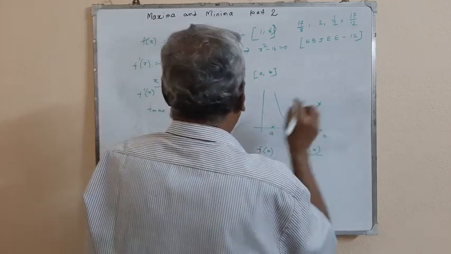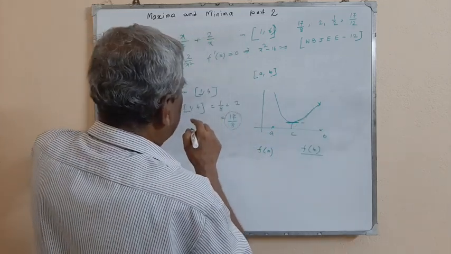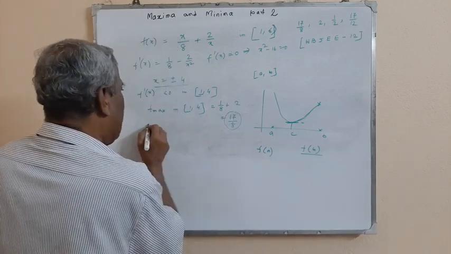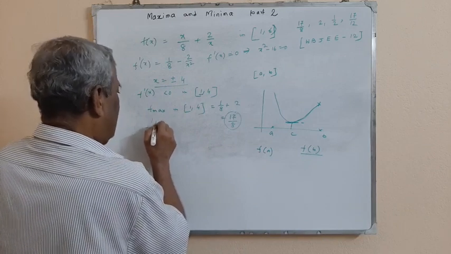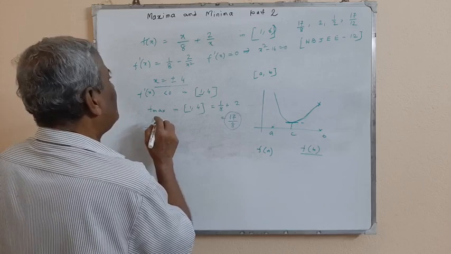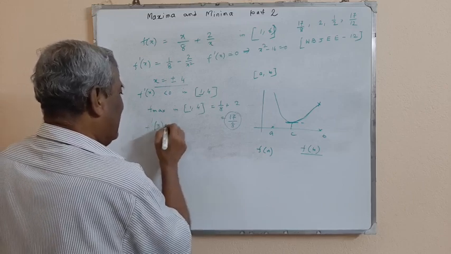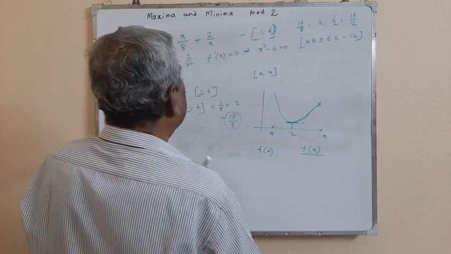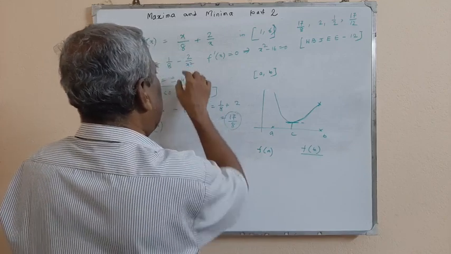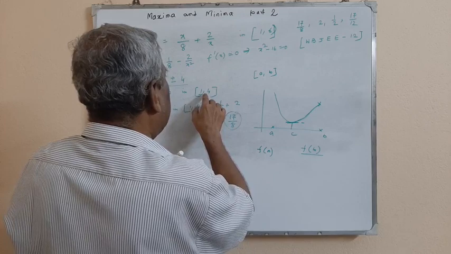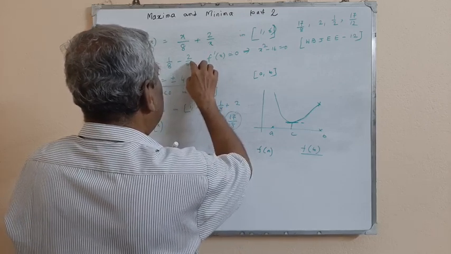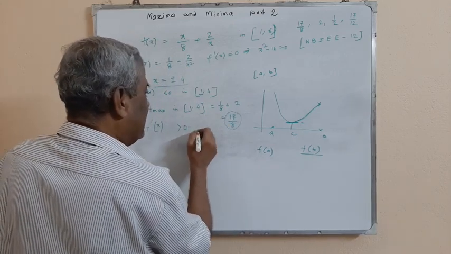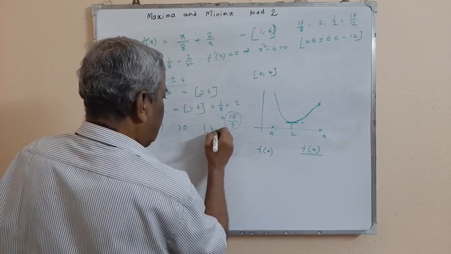from 4 to 6, at 4 f dash x becomes 0, and after that it becomes positive.